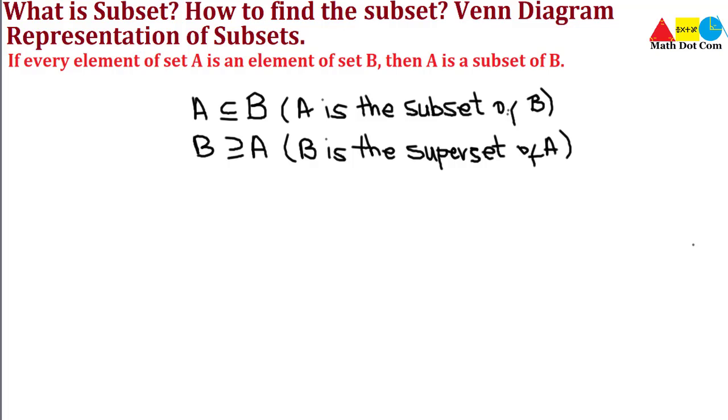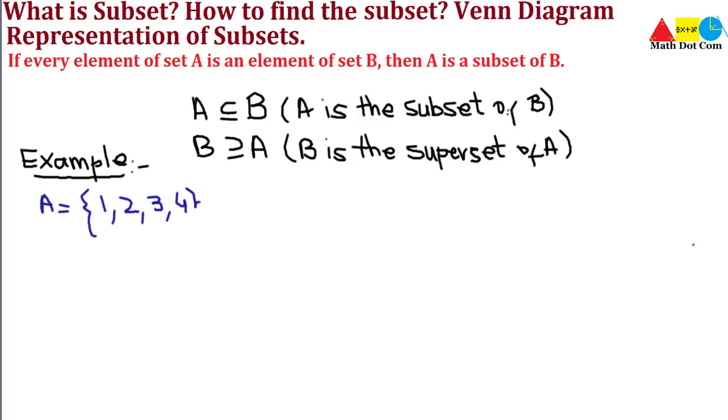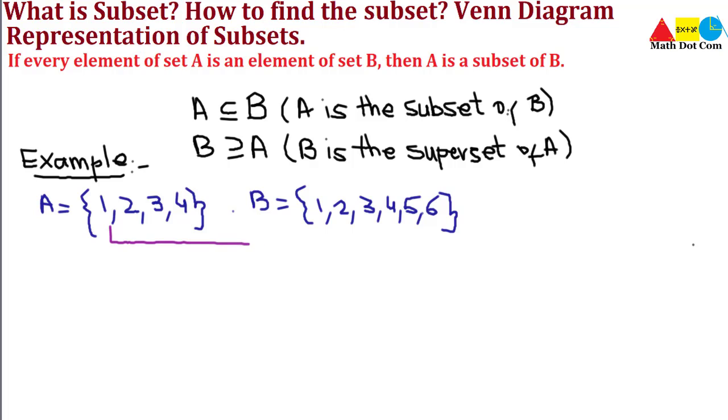So let's have an example. We have two sets. A is equal to, let's say, {1, 2, 3, 4}. We have taken the simplest example, and another set is B, that is {1, 2}. These are the two sets, and you will be asked to find whether A is the subset of B or not. If I match the elements: is 1 in B?